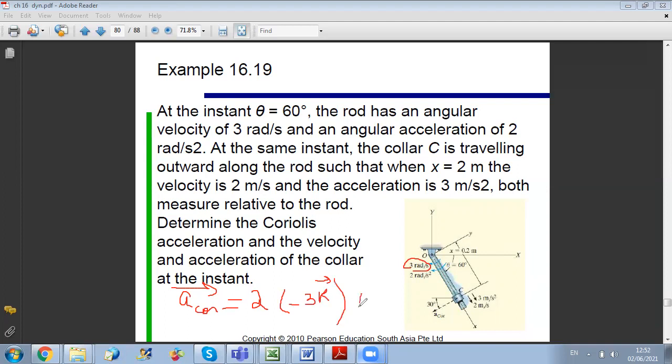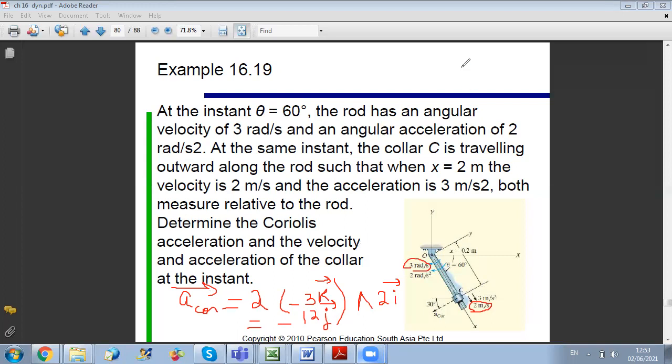The relative velocity is 2 meters per second along the small i. So vectorial 2 times small i. Now k vectorial small i is plus j, and we already have minus, so it's minus 12 times small j. This is the Coriolis acceleration. So now when we want to calculate the absolute acceleration of the collar, we can use directly the result of Coriolis, which is minus 12j.